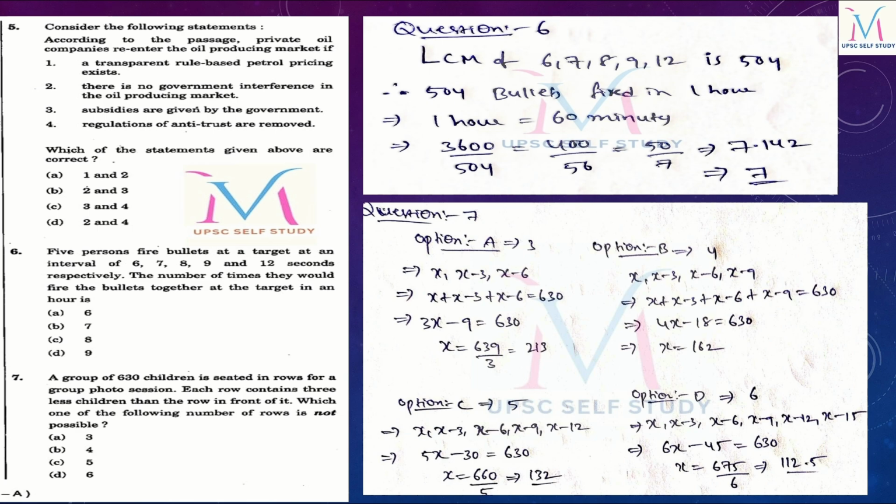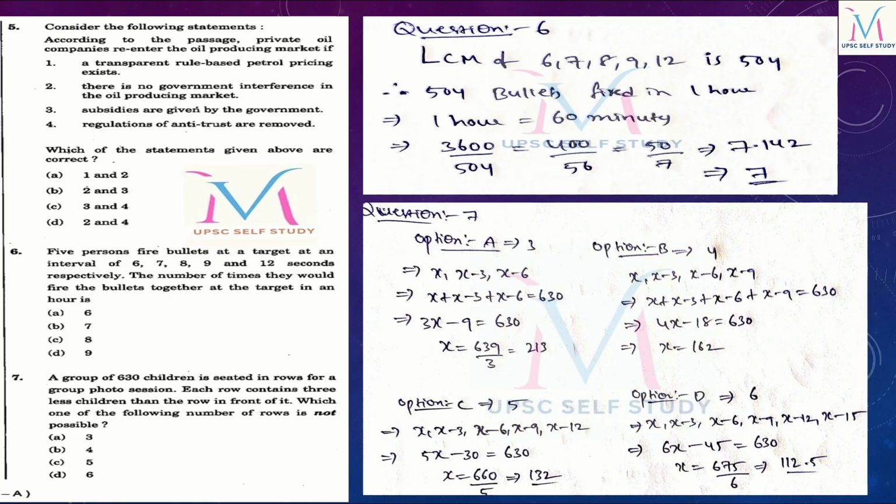here in the question it is saying that 5 persons are there and they are firing bullets at the target, at intervals of 6 seconds, 7 seconds, 8 seconds, 9 seconds and 12 seconds. The number of times they would fire a bullet together at the target in an hour.